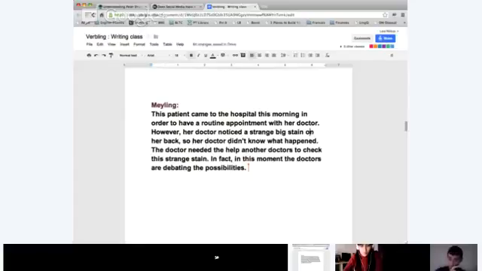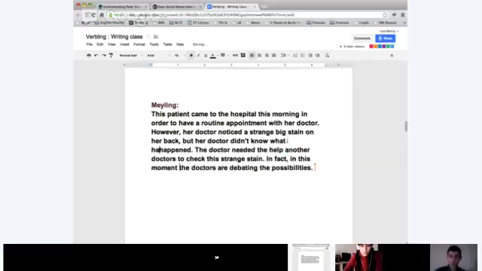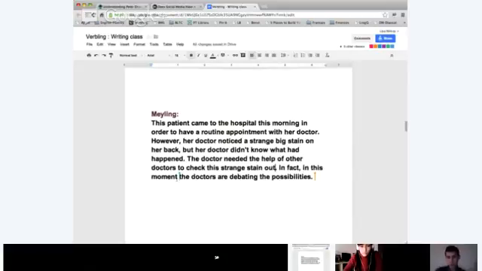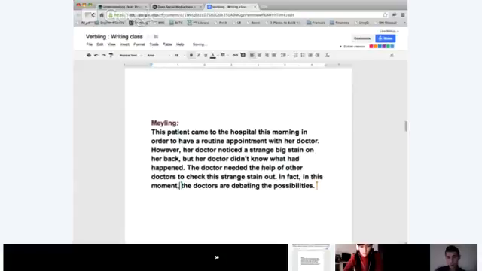So her, I would say instead of so, I would say but her doctor didn't know what had happened. The doctor needed the help, I would say, of other doctors to check this strange stain, and then I put out. To check out means to look at it, to figure out what it is. In fact, in this moment, comma, the doctors are debating the possibilities. Okay, great. Okay, thank you.